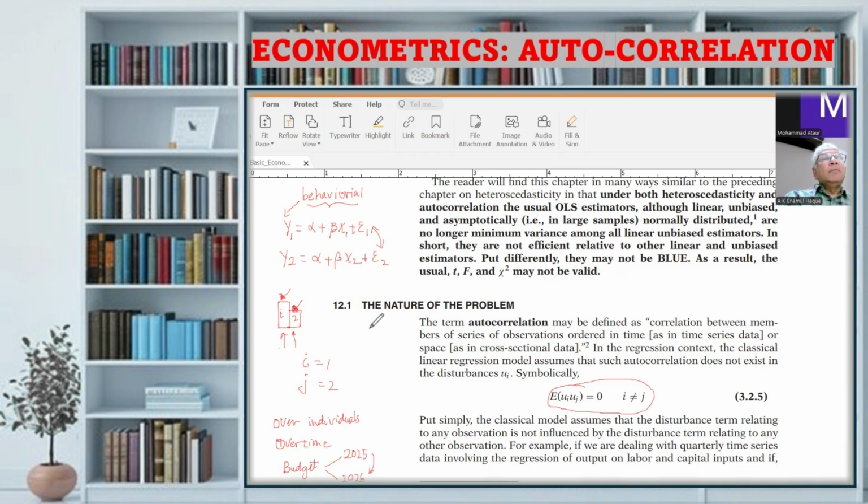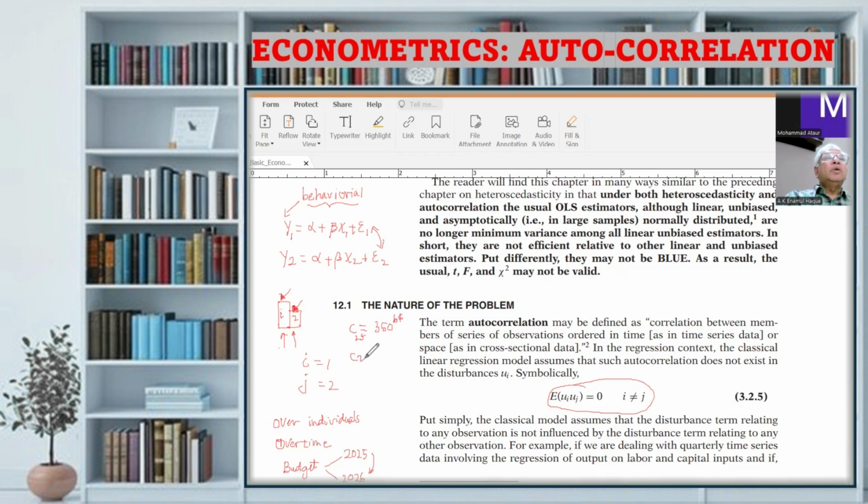Think about consumption behavior another way. This year, for example, we are spending in the whole of Bangladesh consumption expenditure of, I'm giving an example, let's say $350 billion. That's how much I have spent in 2025.